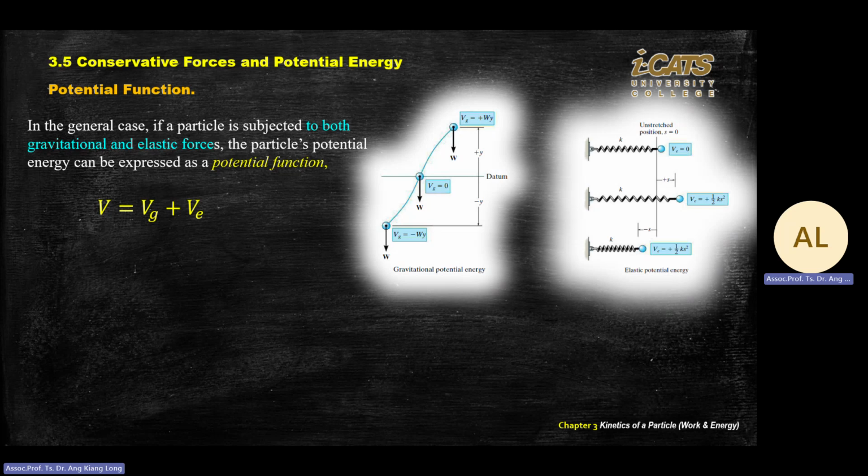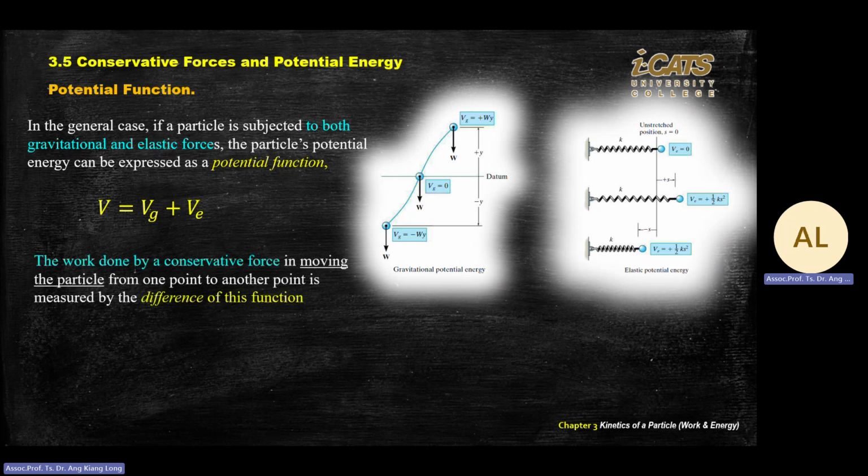Or you can write V gravity, or V_W, plus V spring. Only two. If the question does not have a spring, then surely it will have mass. So these are the general equations. If you move an object away from the datum, you will create potential energy, and we only deal with two: one is W, one is spring energy.